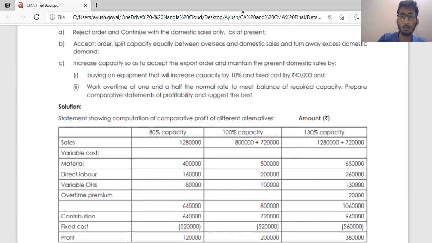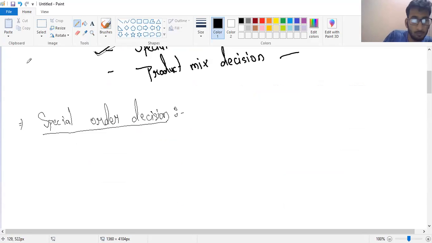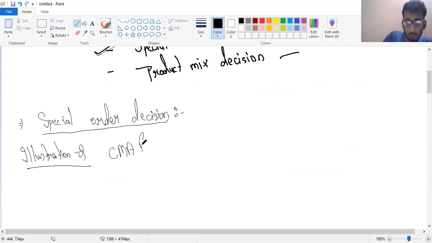So let's see it. Illustration 2 from CMA final.